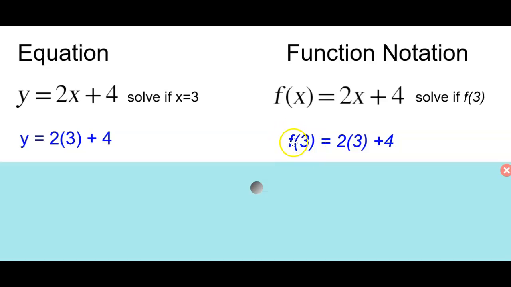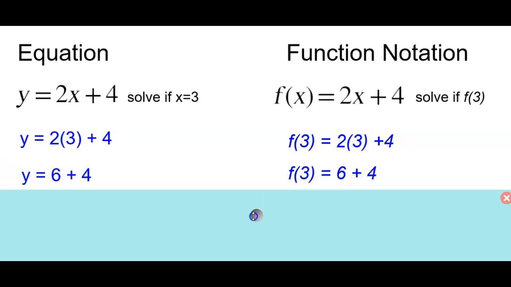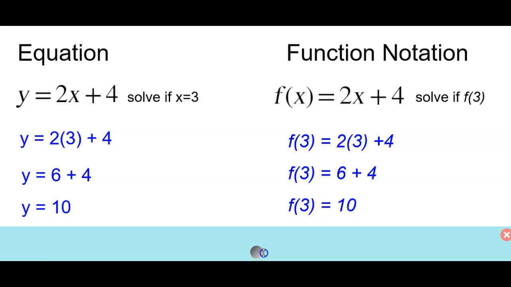So this f of 3, the 3 goes in the same spot that the x is. Again, same order of operations. I still have to multiply and get 6 plus 4, which equals 10. So you'll notice they're the same.